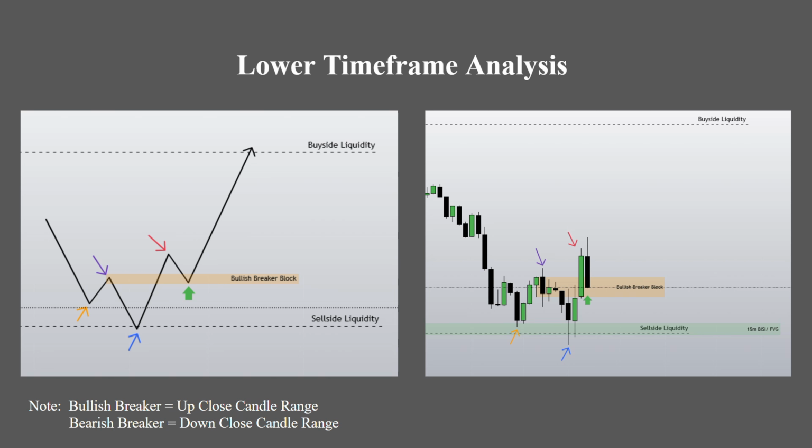But in this example, it's a bullish breaker. You want to formulate the breaker around the up close candle in that swing high formation. Make sure of that. And so you get the retest here of that up close candle's range of that bullish breaker. And from that point, you enter targeting opposing liquidity.